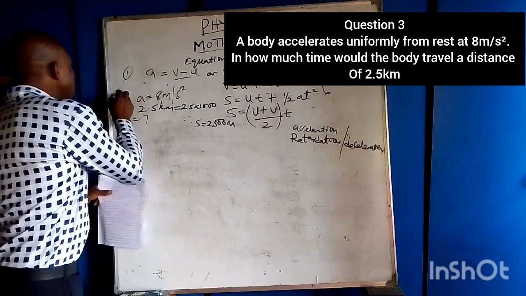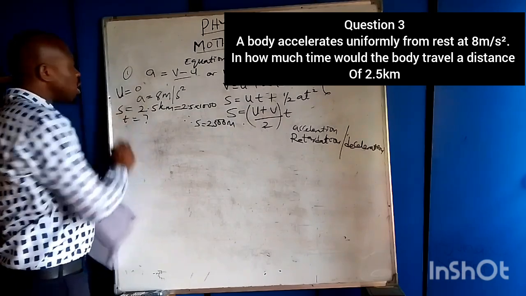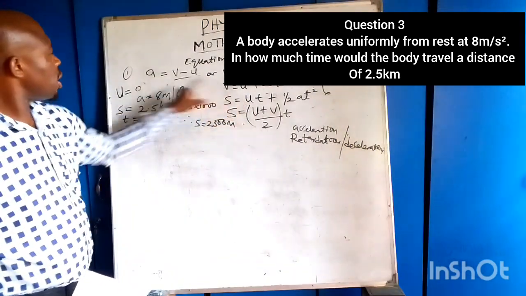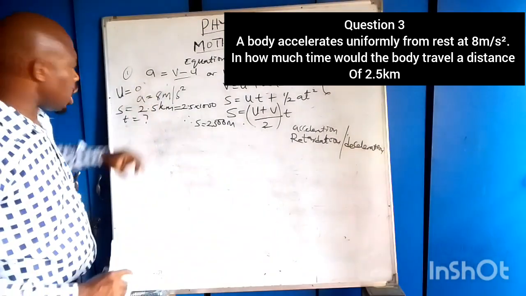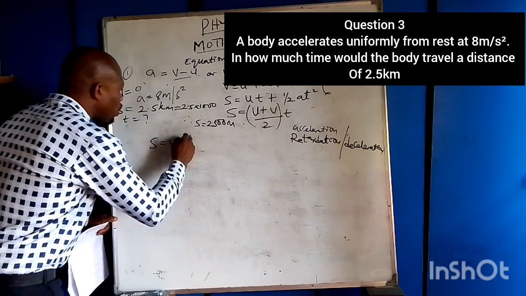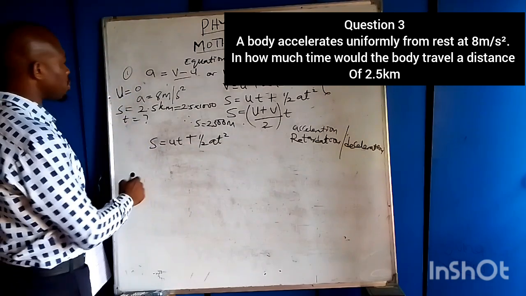Now we ask ourselves which of these equations will satisfy a, t, s. Remember, it starts from rest, so u is 0. It is this same equation that will take care of this problem. So s is equal to ut plus half at squared.